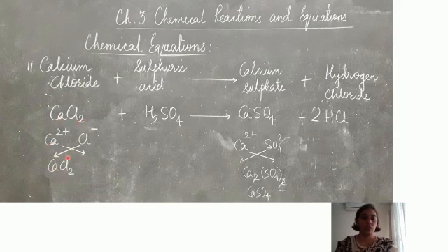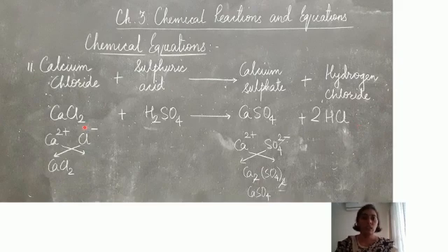Calcium will get chlorine's valency, that is 1, and chlorine will get calcium's valency, that is 2. Sulfuric acid is H2SO4. Calcium sulfate is a new product. Calcium 2 plus, sulfate ion 2 negative. Crossing the valencies, Ca gets 2, sulfate ion also gets 2. Both are reduced to the lowest term, giving calcium sulfate CaSO4, and hydrochloric acid.